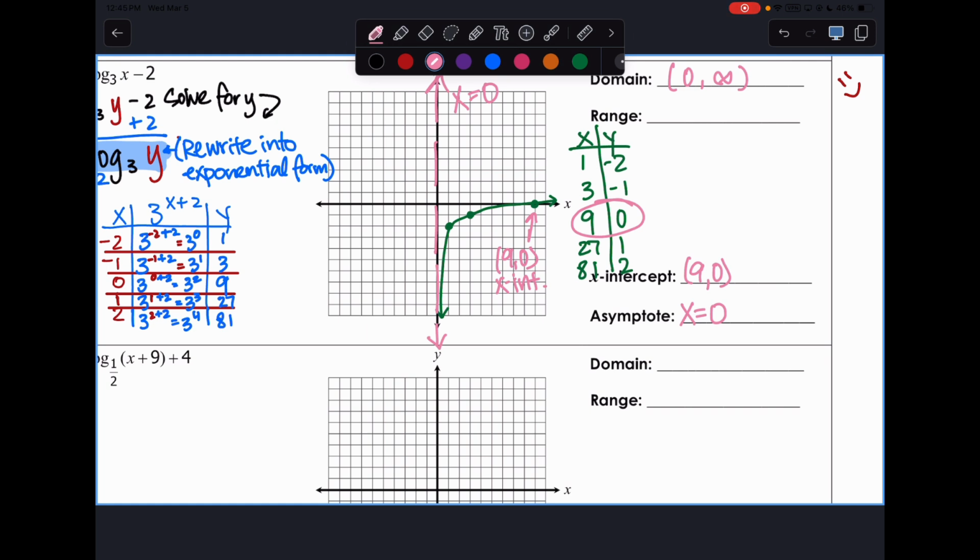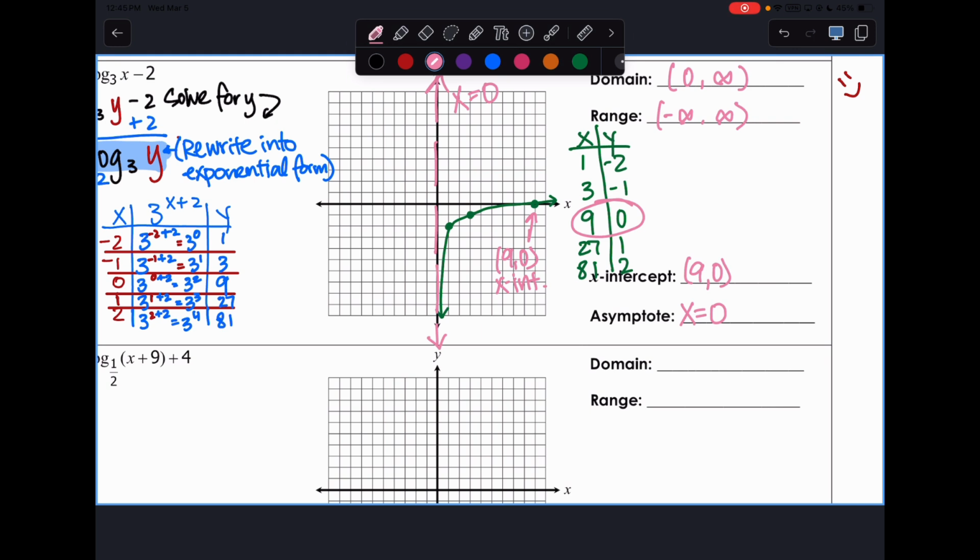What's the range? Negative infinity to positive infinity, said Megan. Yes. For exponential functions, yes, it could be in the range.